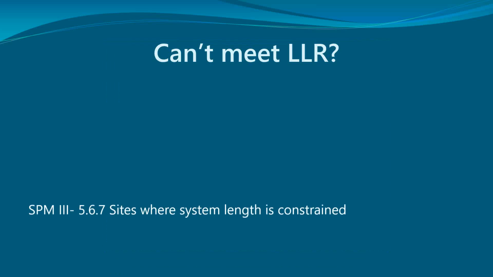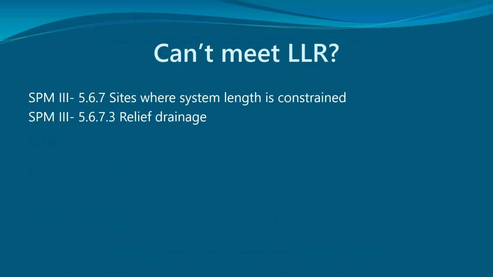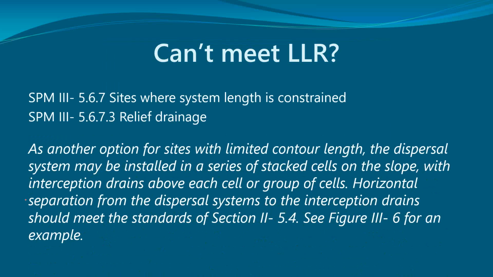Some more stuff. If we can't meet LLR, what else can we do? I forget who it was brought up this point much earlier. We can have relief drainage. So we can install the thing in a series of stacked cells on the slope with interception drains. And the interception drains are required in order to meet SPM.